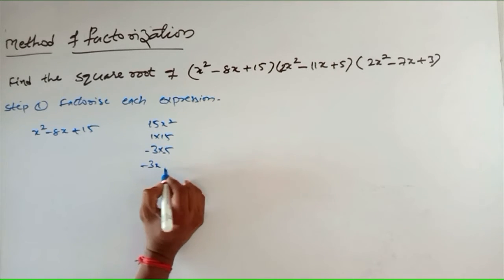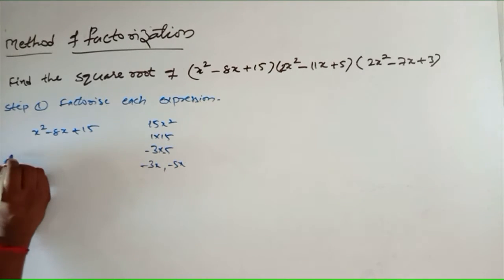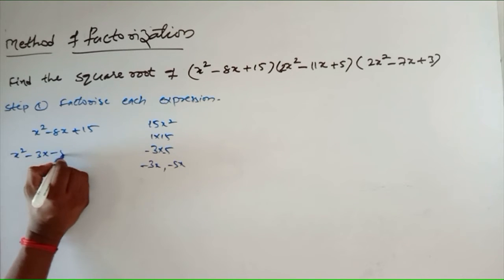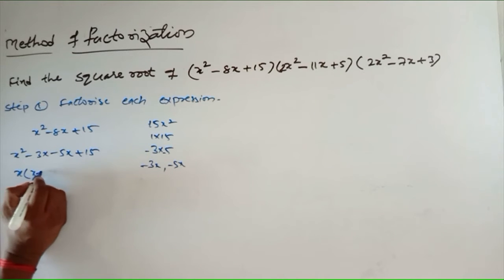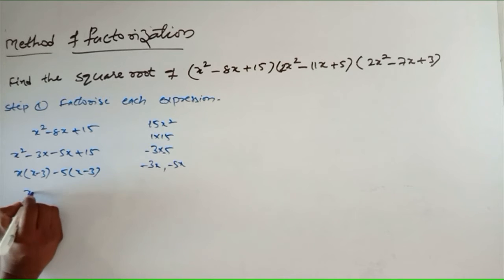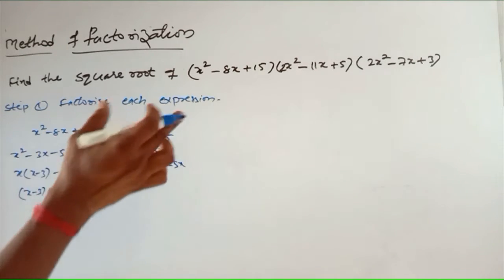So minus 3x, minus 5x are the factors I am going to get. That equals x square minus 3x minus 5x plus 15. The common is x: x minus 3, minus 5 common, x minus 3. Now x minus 3 and x minus 5 are the factors of the first expression.